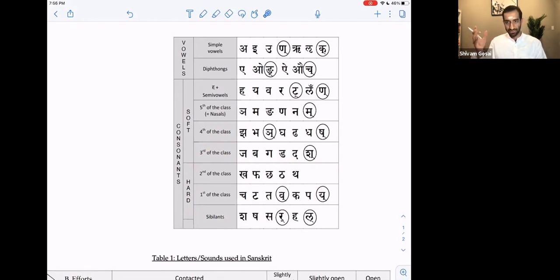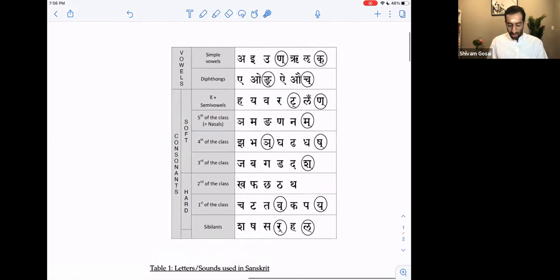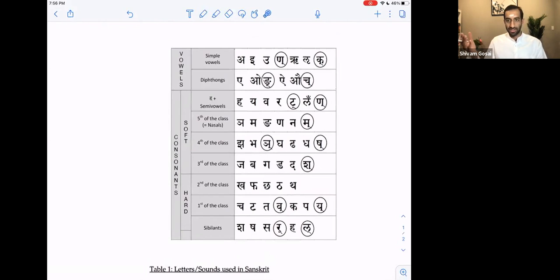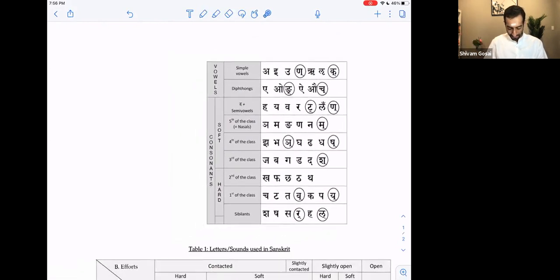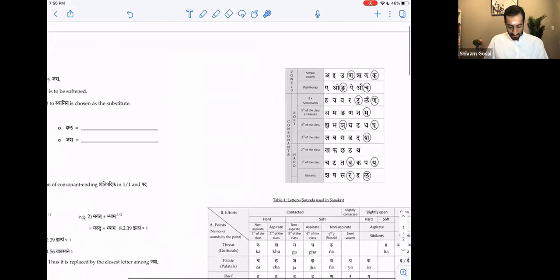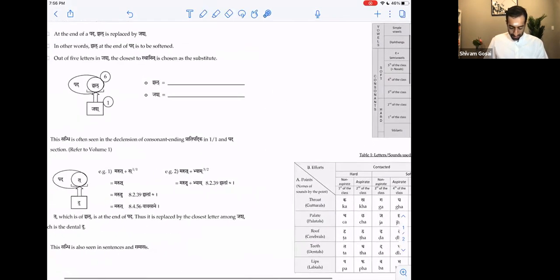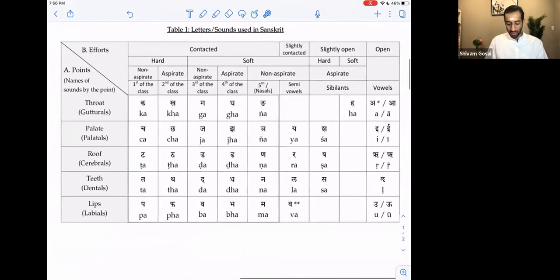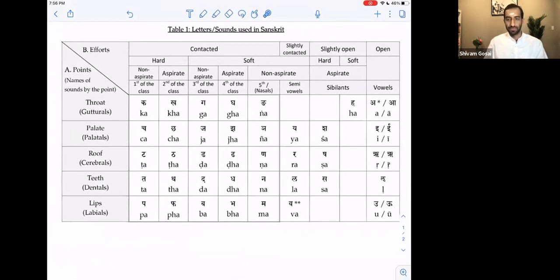Now, how do you know what replaces what? This is where the alphabet chart will also be useful.